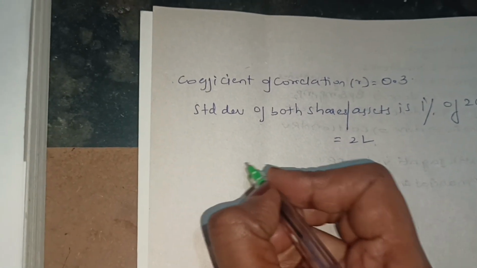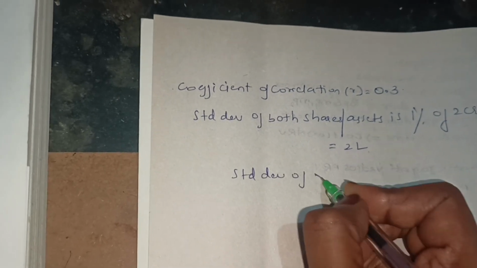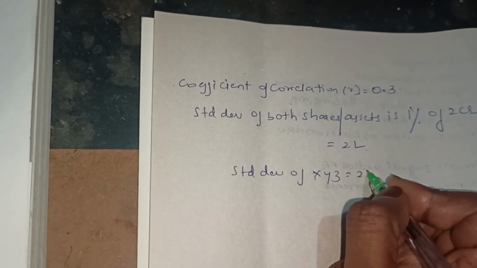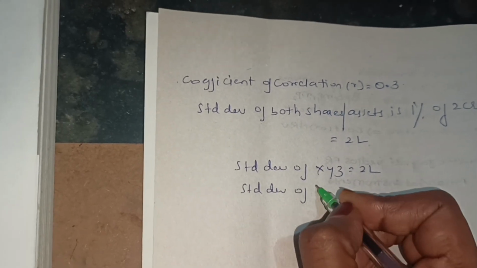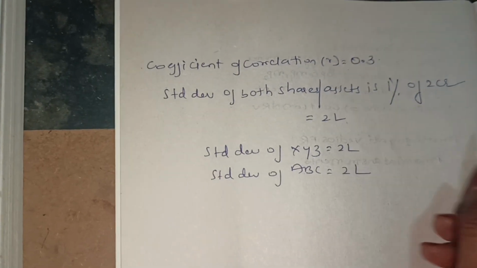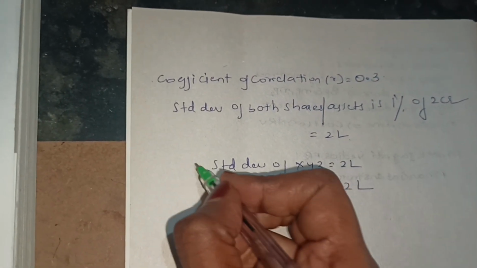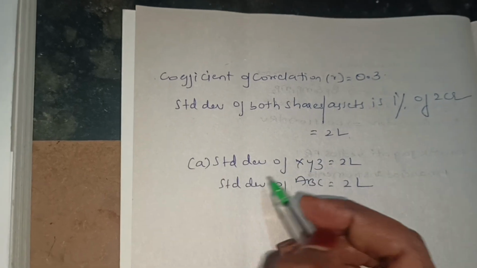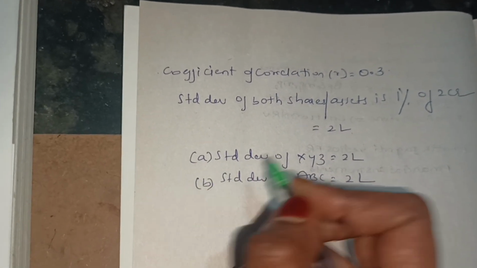So here I can say the standard deviation of XYZ is equal to 2 lakhs. Standard deviation of ABC is equal to 2 lakhs. For convenience, I am assuming the standard deviation of XYZ as small a, and the standard deviation of ABC as small b.